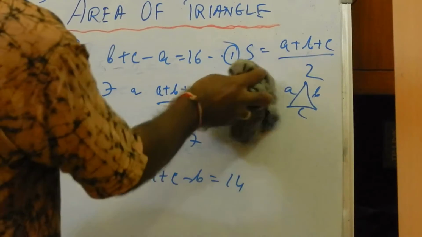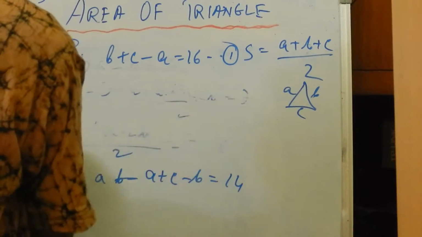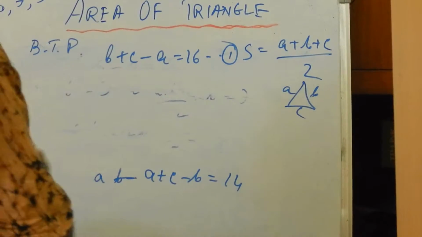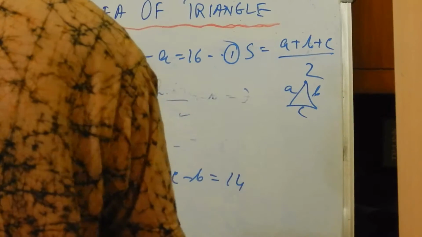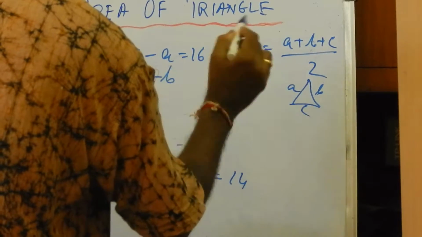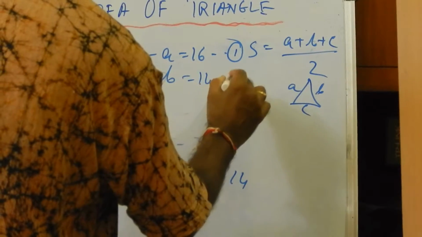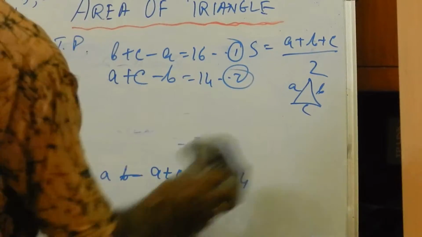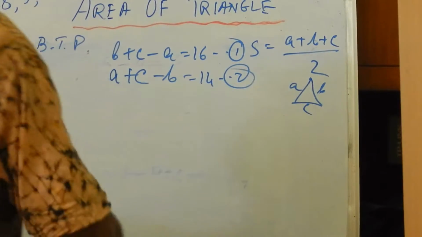That is our second equation: a plus c minus b equal to 14.